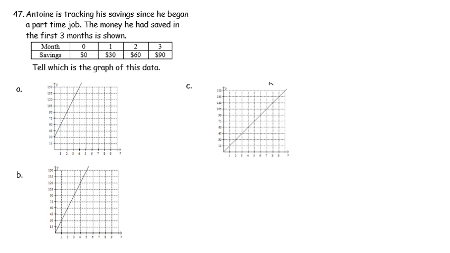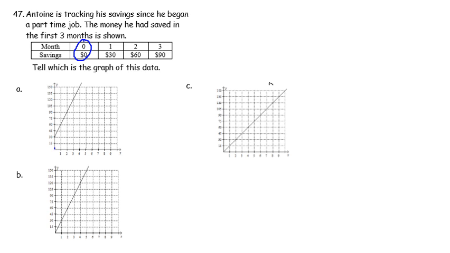Number 47. Let's see. The money that he saved in the first 3 months is shown. Tell which is the graph of this data. So basically we're just matching the table with a graph. So first thing that we want to notice is our first point here should be 0, 0, which is the origin.